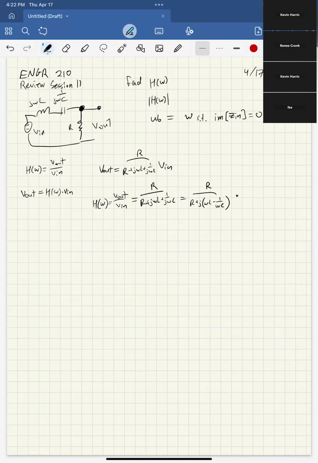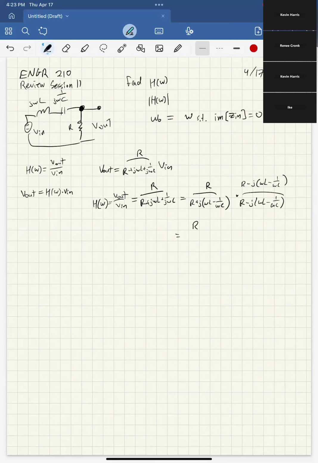Then we multiply this by R minus J times omega L minus 1 over omega C, over R minus J times omega L minus 1 over omega C, right? And then this is enough.